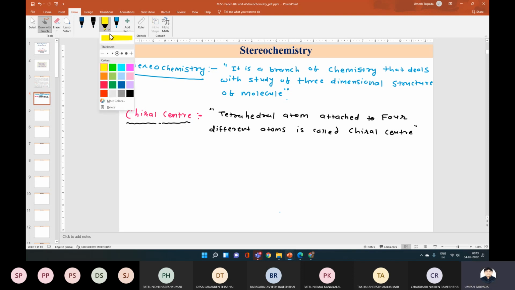So is there any idea about chiral center? How to write a chiral molecule?